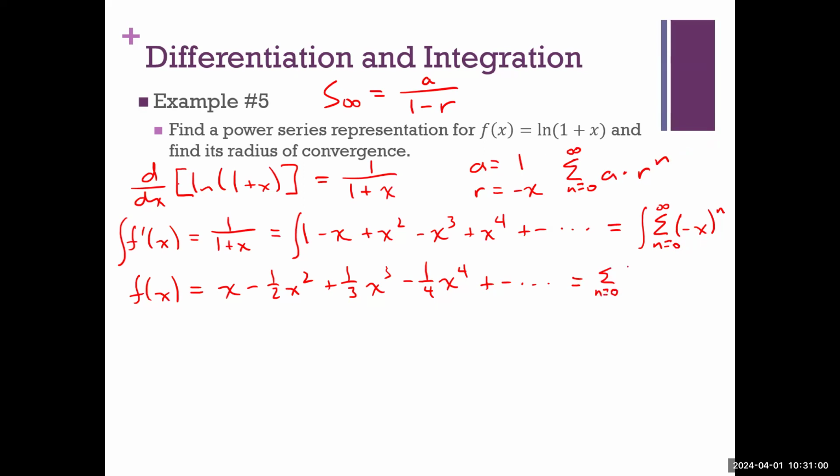Now we have a couple different ways to get there, but what's the power series we care about? How can I define that? Negative x to the n over n. Not quite. We have to raise the power by 1 and then divide by that new power.